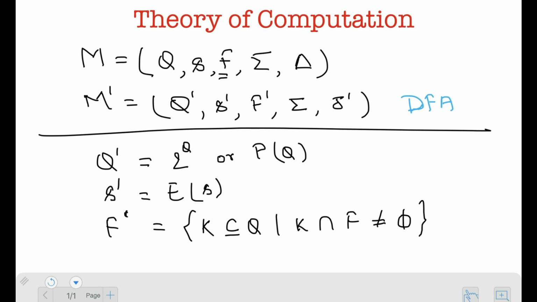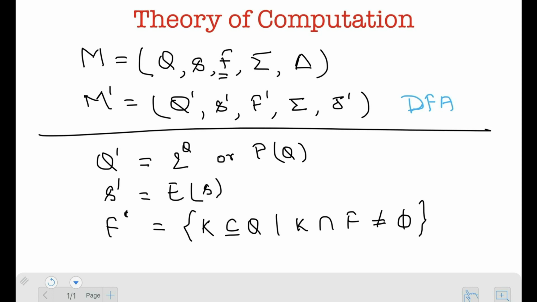Once again, this just means that I'm taking all subsets of my states from the NFA, and I'm taking their intersection with the final states of the NFA, and if the intersection is not phi, then that would be a final state for my DFA.